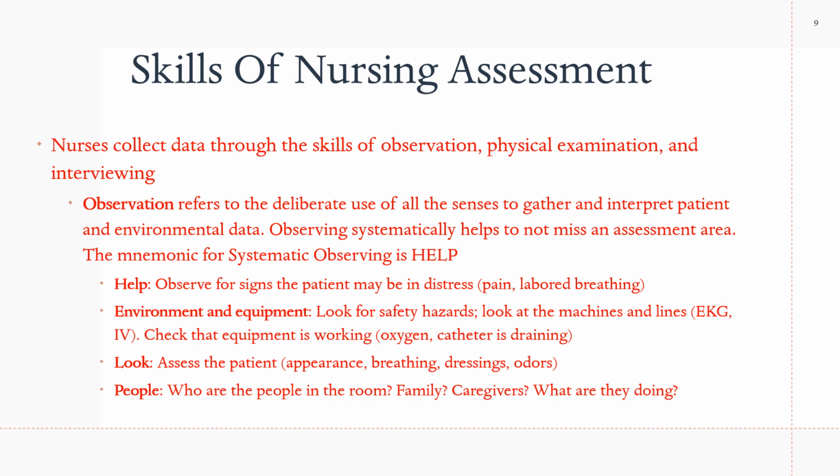After that, I am going to look at the environment. I'm going to start looking at those IV lines. Are they patent? Is the Foley catheter draining? Are there tubes? What is the equipment? Are they hooked up to the cardiac monitor, and is the monitor working? And so finally, L, I am now actually going to begin focusing on my patient to begin my assessment.